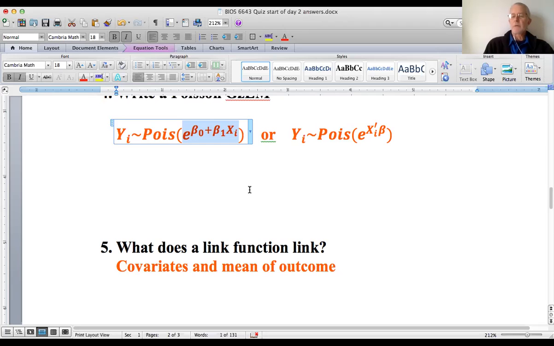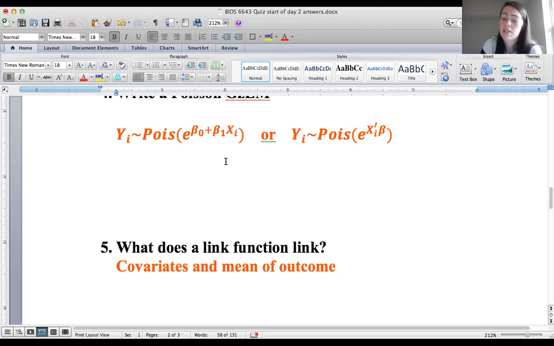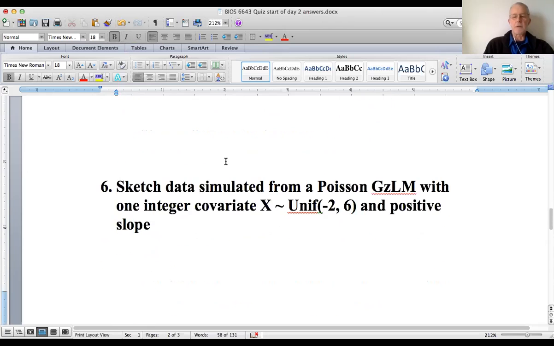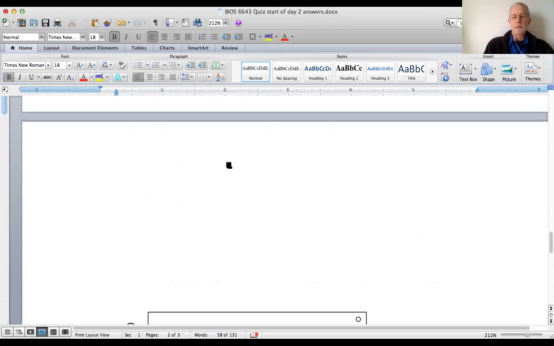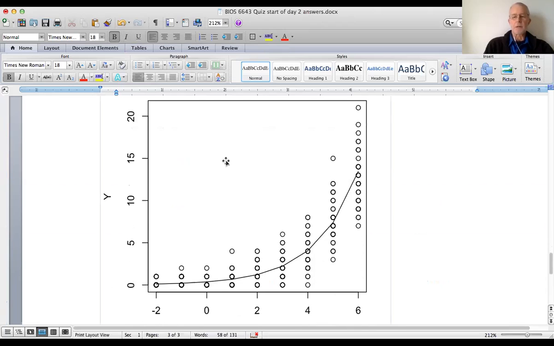And what about the variance? What do you know about the Poisson distribution? The mean and variance are the same. So since the mean is curving up, the variance is also increasing as we move up. Exactly. The variance has to follow the mean. So it'll look like this. There's your non-negative counts.